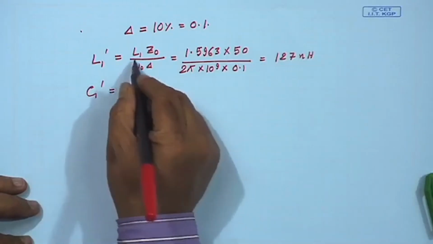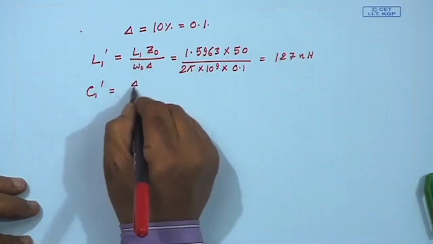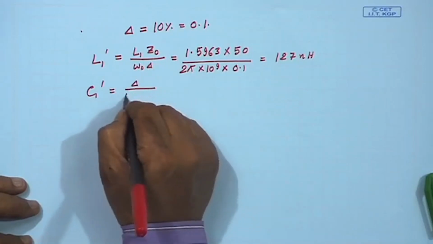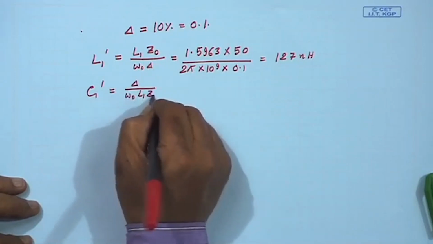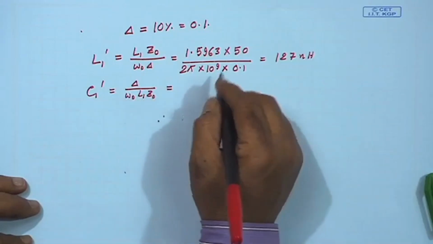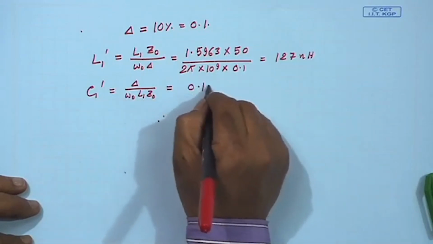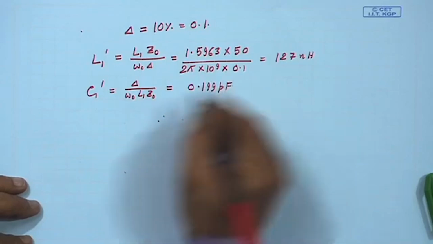C1 dashed, again it will depend on L1. The formula is delta by omega naught L1 Z naught. So, that you can put, and it will be 0.199 picofarad.